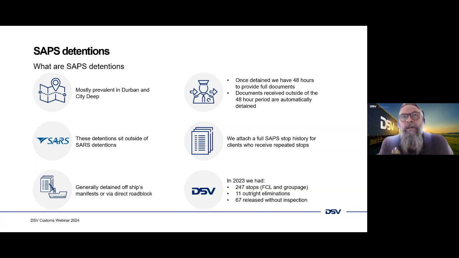Unfortunately, we battle with LCL and groupage cargo types because the police see an LCL or a groupage not as individual importers in the container, but only once each of the parts in the container have been released will they then release the entire container. There are no part releases, unfortunately, for LCL and groupage. So we're still struggling a bit with that, but we're working on it and we're hoping to have some success there too.